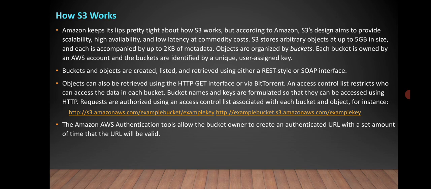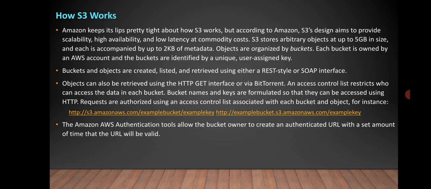Buckets and objects are created, listed and retrieved using either a REST-style or SOAP interface. Objects can also be retrieved using the HTTP GET interface or via BitTorrent. An access control list restricts who can access the data in each bucket. The bucket names and keys are formulated so that they can be accessed using HTTP.